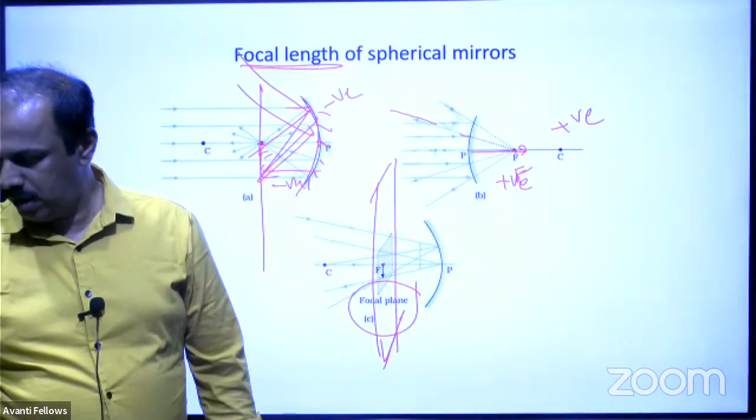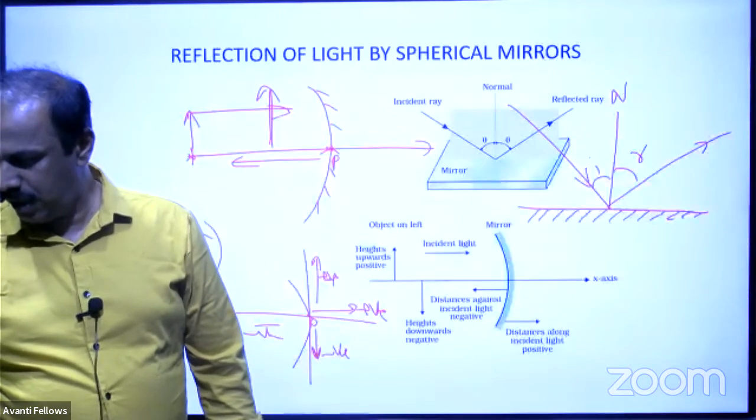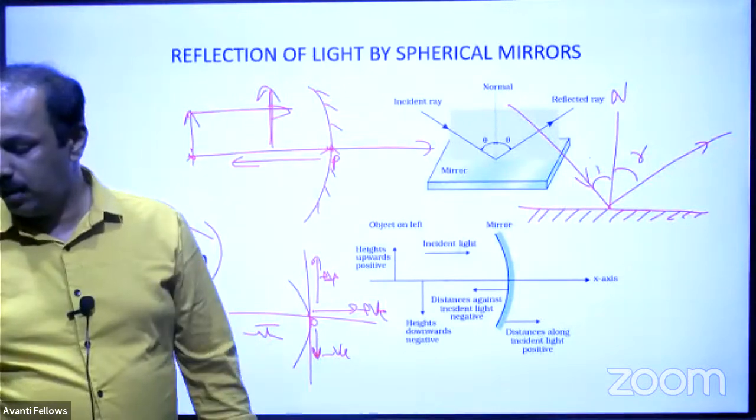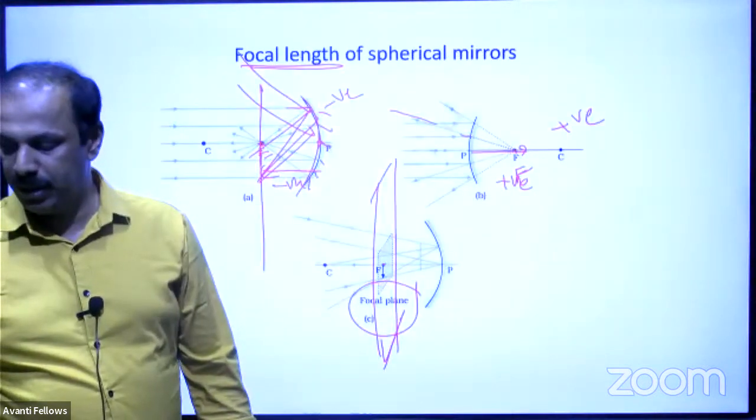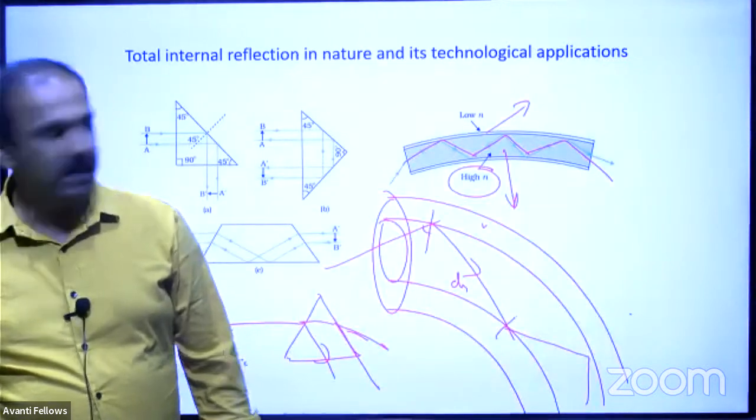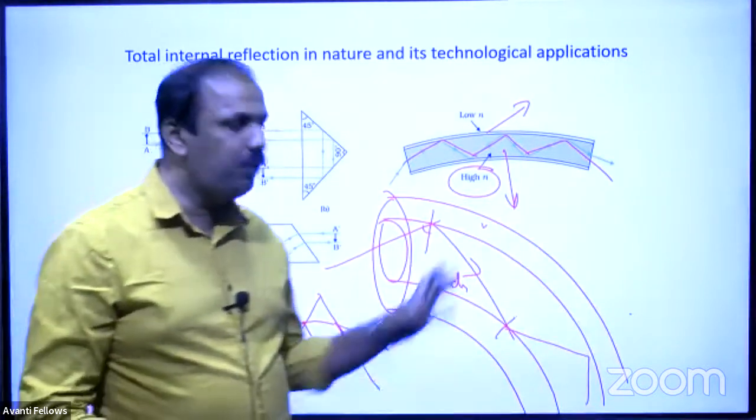We just started ray optics, and in that we discussed the reflection of light by spherical mirrors, focal length, all those things, and total internal reflection, and we reached up to the optical fiber.